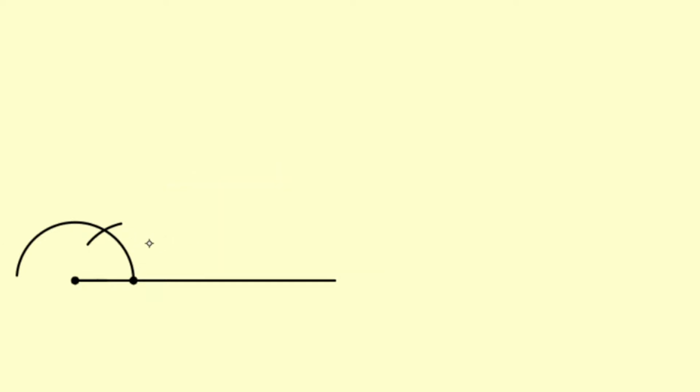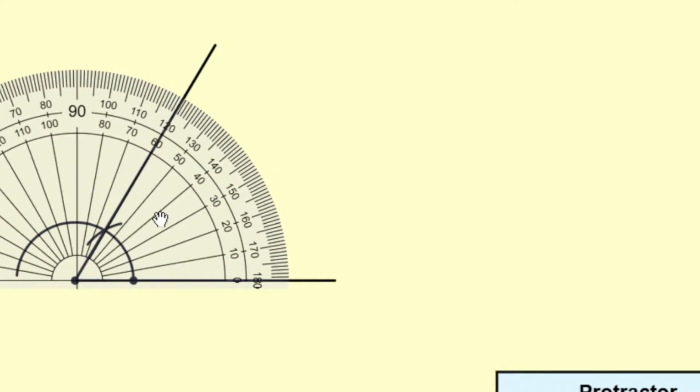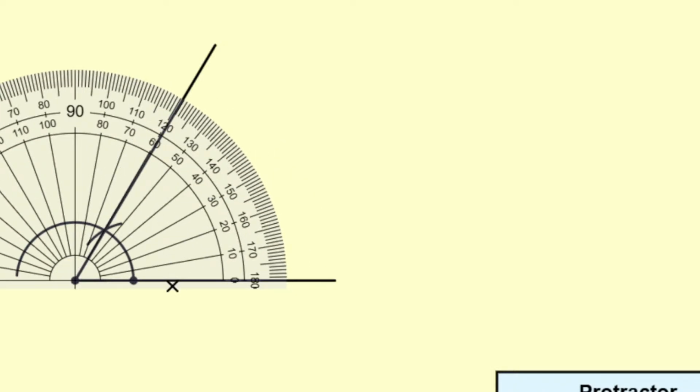And now through this arc point, we have to draw one line from point B which should pass through this point. So you can check the angle afterwards. You can say it's exactly 60 degree. So keep on checking your angles. It should be exactly 60 degree.